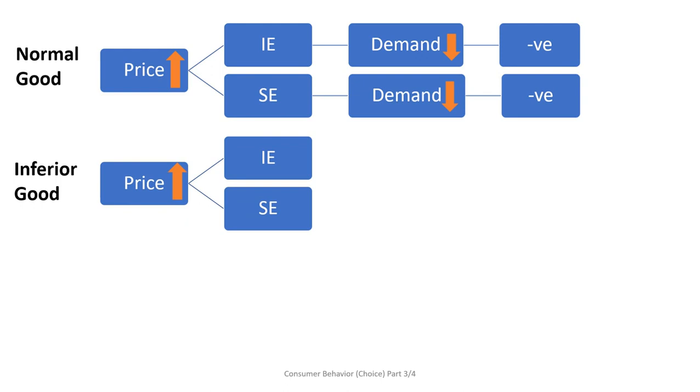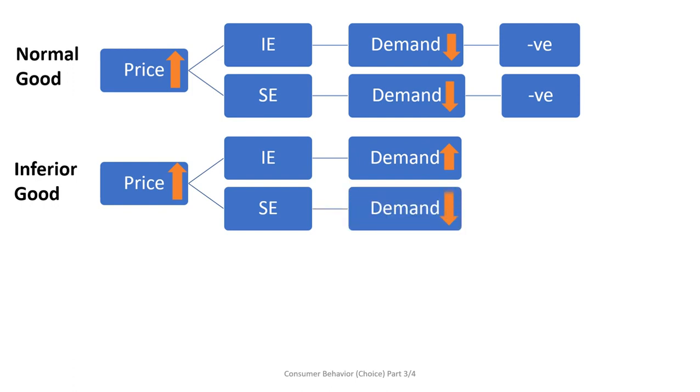The substitution effect is the same in all cases. Therefore, because of the substitution effect, the consumer will substitute this commodity with low priced commodities. Therefore, its demand will decrease.